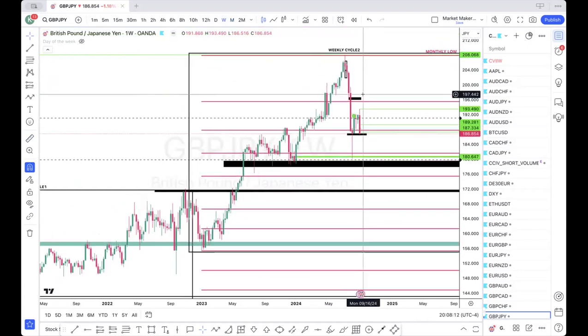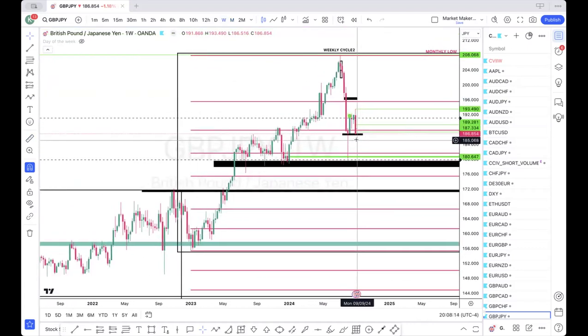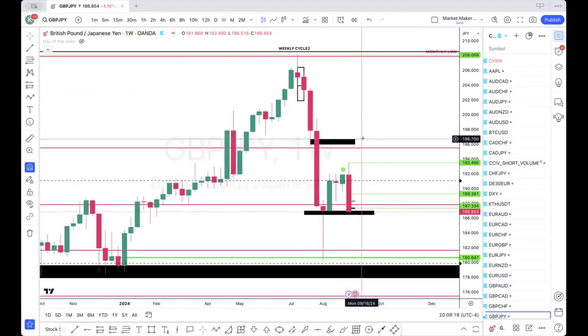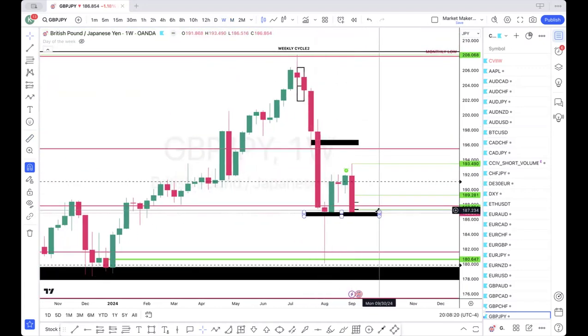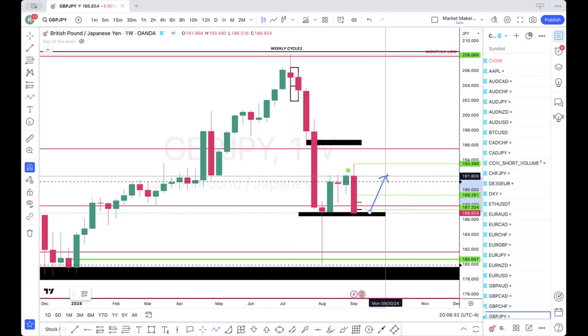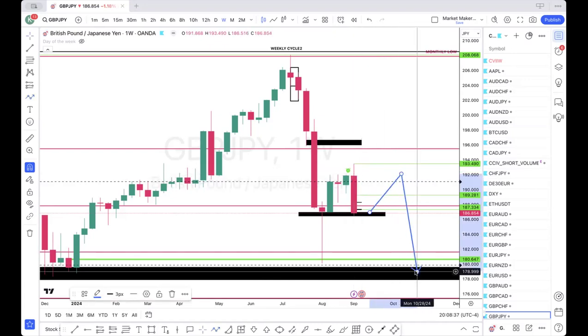But based on the weekly, we have a weekly bearish order block. So, we're at a zone where price is probably going to come up in here and then may give us a pullback. So this may give us a pullback. It may give us a double top here with this bearish order block to then push back down to these lows.